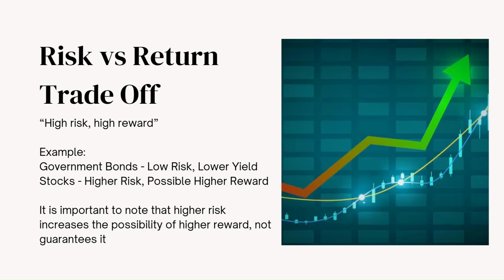However, it is important to note that higher risk increases the possibility of higher reward. It does not guarantee it. So it is important to balance risk and return when making your investments.